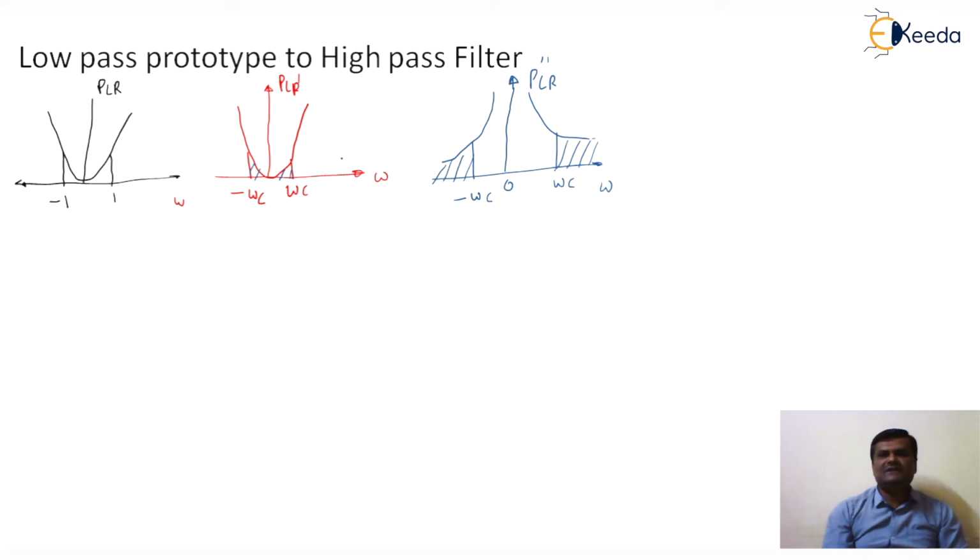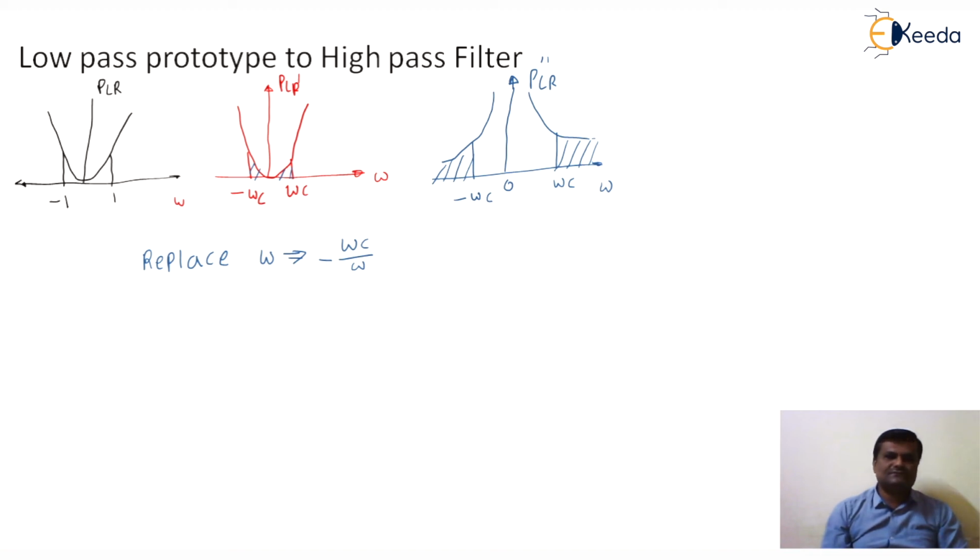If we see carefully, both are inverse frequency responses. Therefore, for conversion of low pass prototype to high pass filter, we replace omega by omega c by omega, reversed. We put a minus sign to get positive inductance and capacitance values.